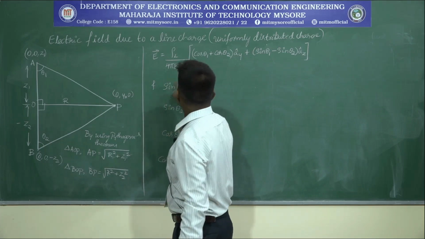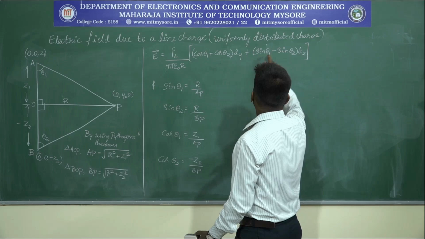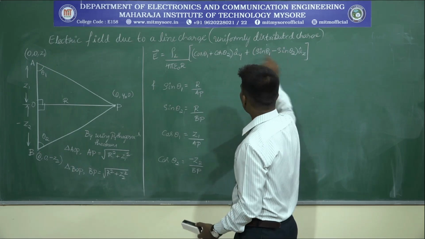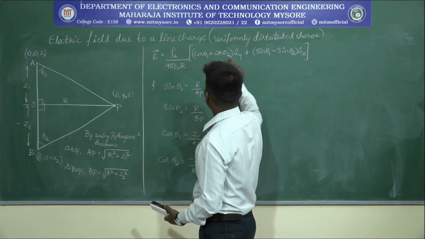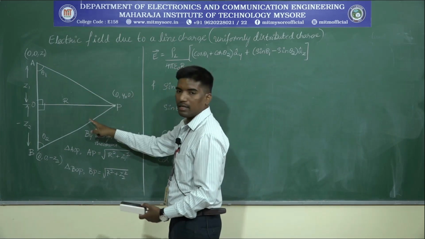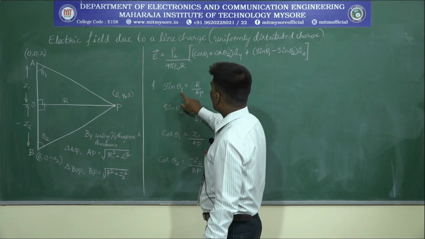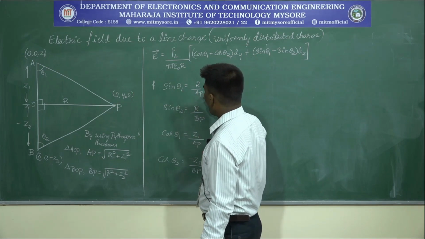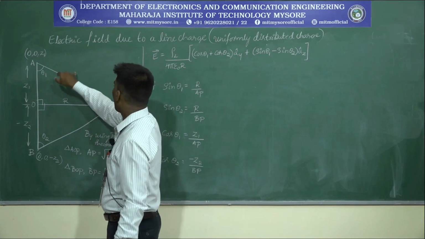Then we need the different quantities cos theta 1, cos theta 2, sin theta 1 and sin theta 2. We need to substitute for these quantities. So how to calculate these quantities by using these two right angle triangles? See, sin theta 1 is equal to opposite by hypotenuse.